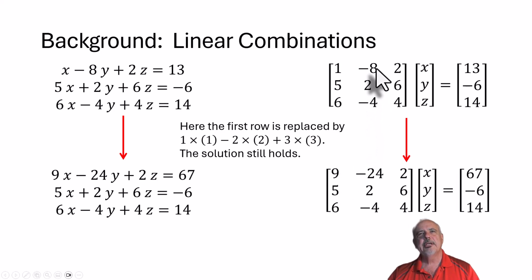And then over here, if I take -8 minus 2 times 2 minus 4, so that's going to be -12. And then I'm going to have a -3 times -4, so minus another 12, so that's -24.